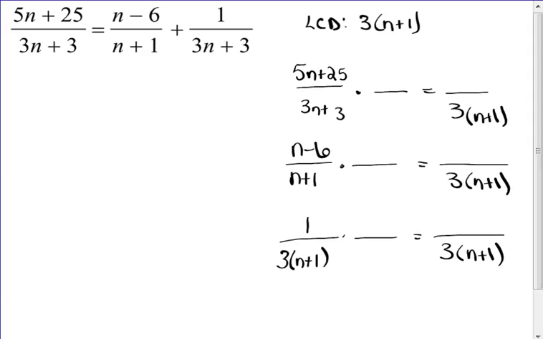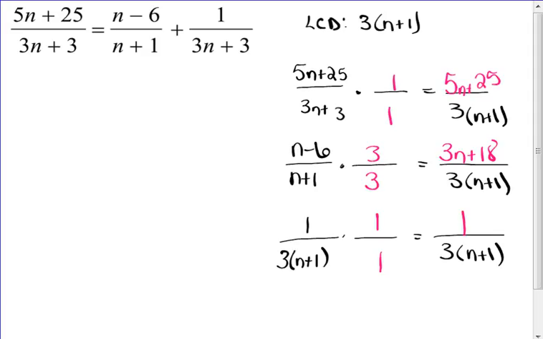So for this one, I don't need to do anything. For this one, I don't need to do anything. But the middle one, I need to multiply both sides by 3. So this becomes 5n plus 25. This one becomes 3n plus 18. And this one is still 1.